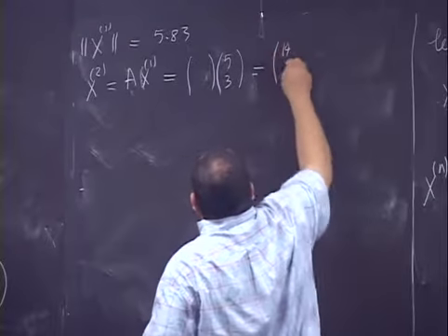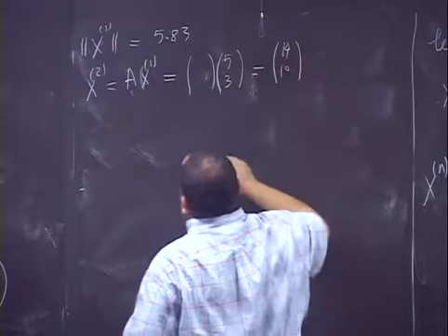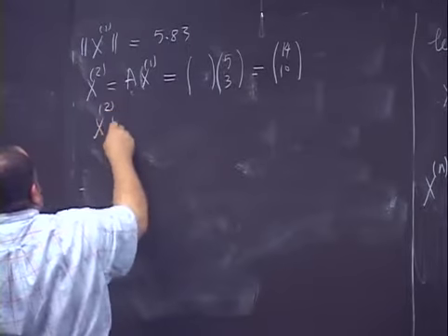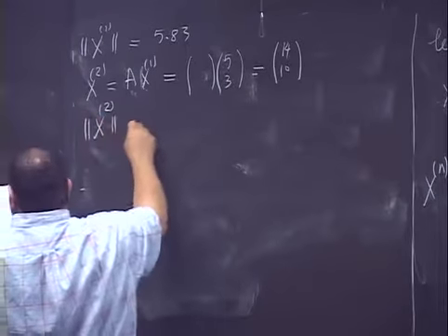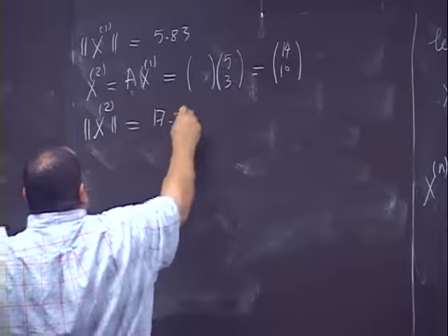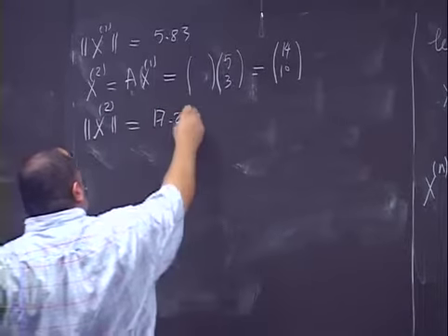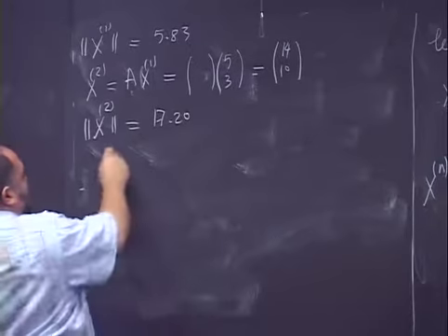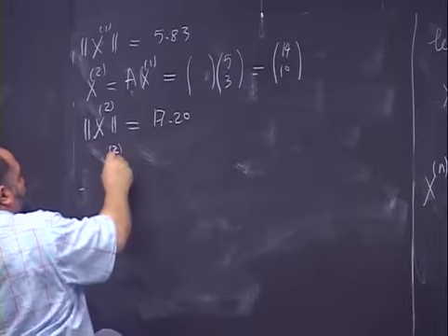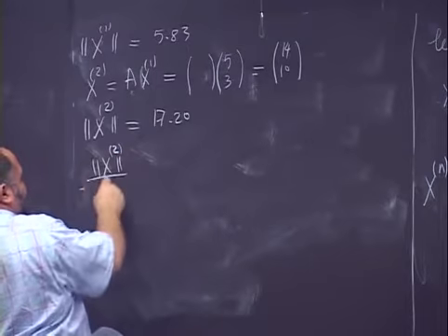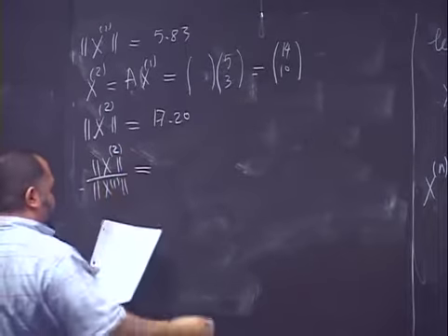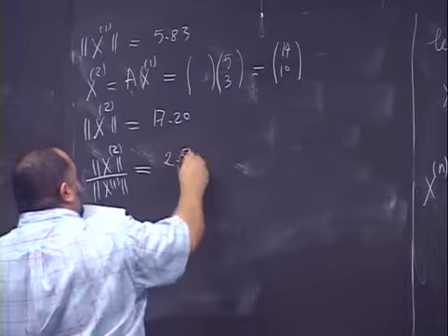If you calculate the modulus of x2, you will get 17.20. If you divide the x2 modulus by the x1 modulus, you will end up getting 2.95.